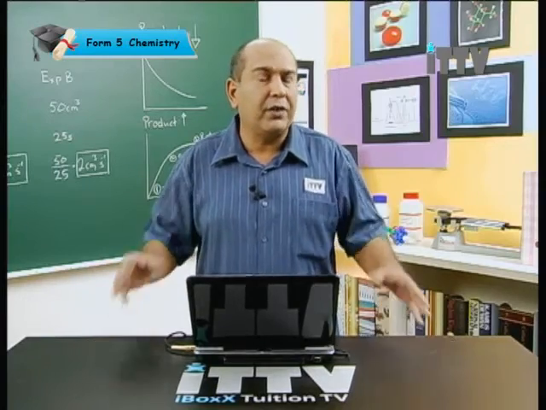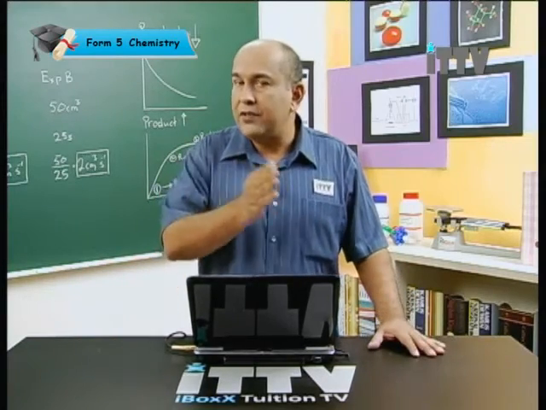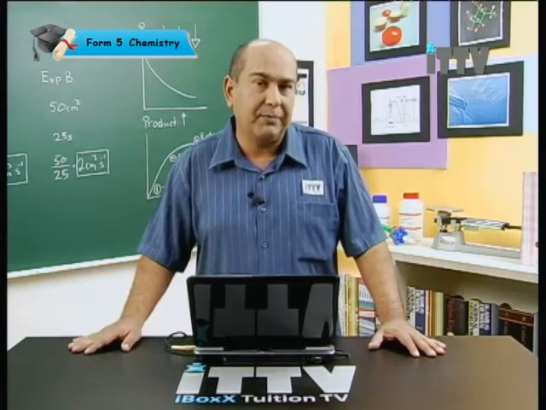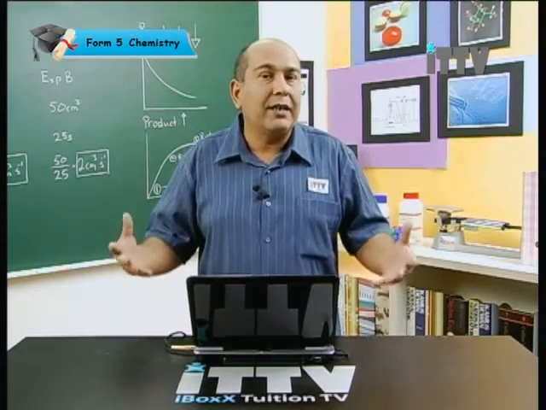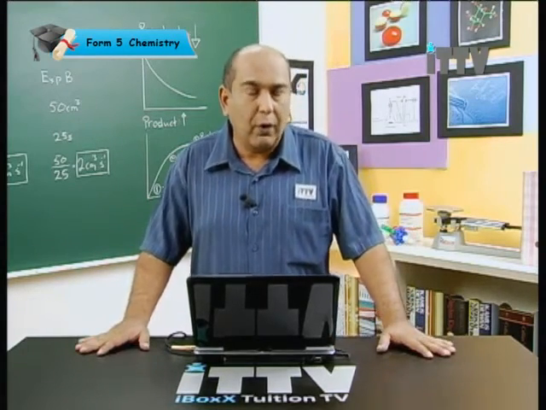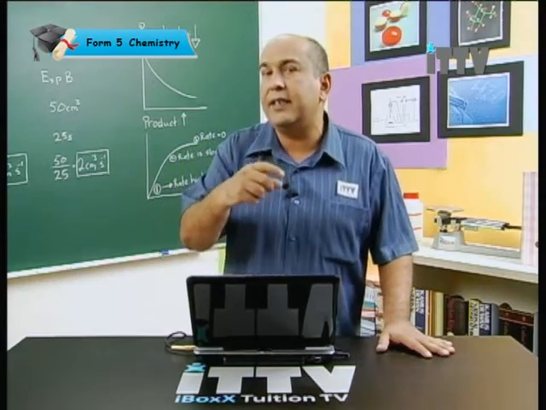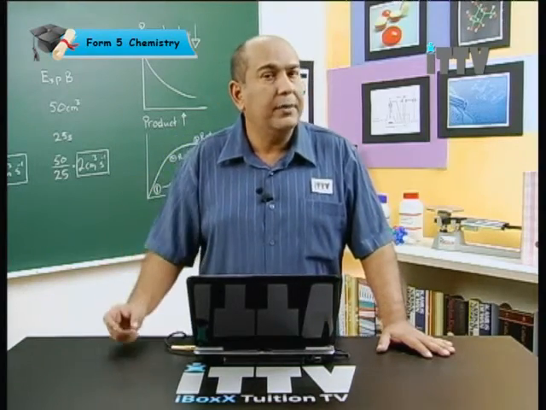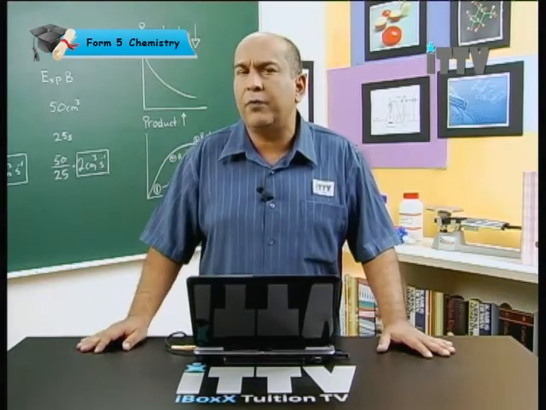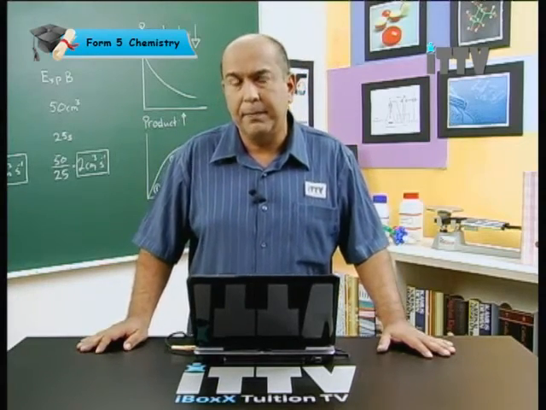Occasionally, you're needed to find the rate of reaction at a time that is not one of the measured times. So, if we are calculating, say, the volume produced at 60, 90, 120, I might say calculate the rate of reaction at 100 seconds.